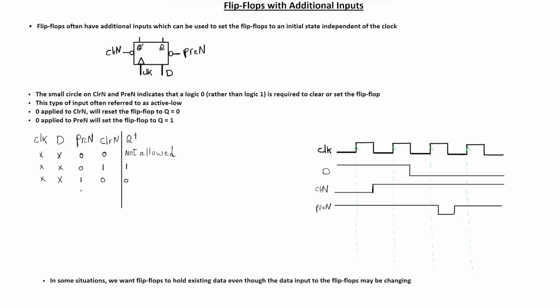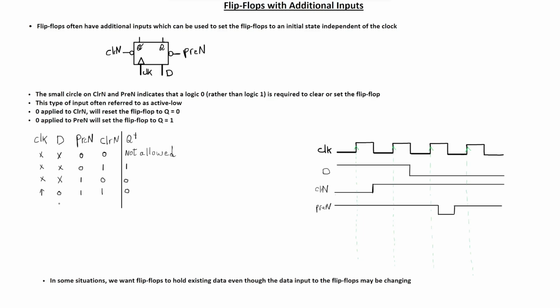How about when preset is 1 and clear is 1? That means both of them are inactive. In this case, this will be the normal D flip-flop operation. Because this is a rising edge flip-flop, on the rising edge, if the D input is 0, the next state will be 0.